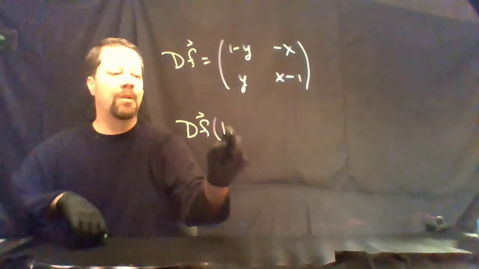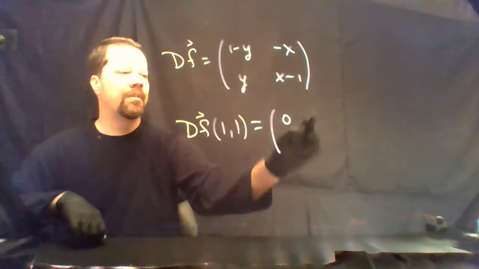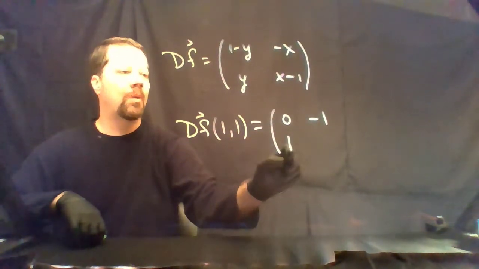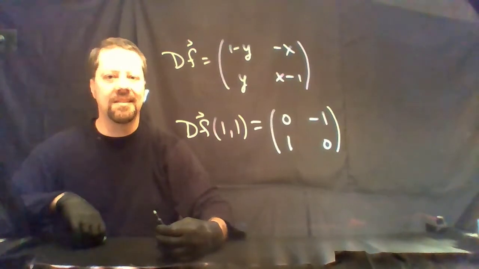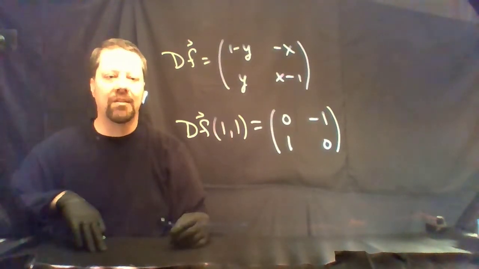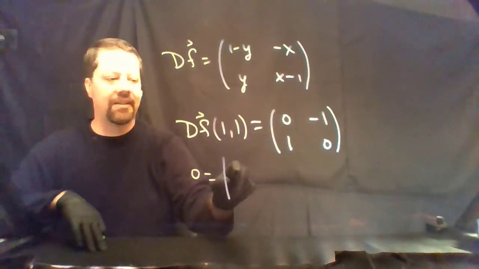Considering the other equilibrium point 1, 1, we're going to have 0, negative 1, 1, and 0. Since this is not diagonal, upper triangular, or lower triangular, we have to work a little harder to figure out the eigenvalues.